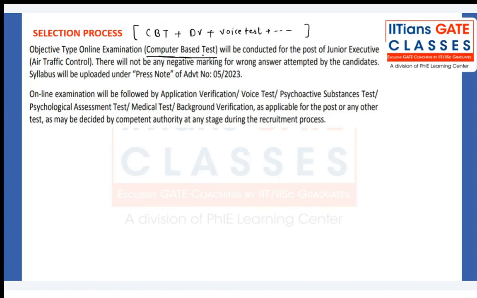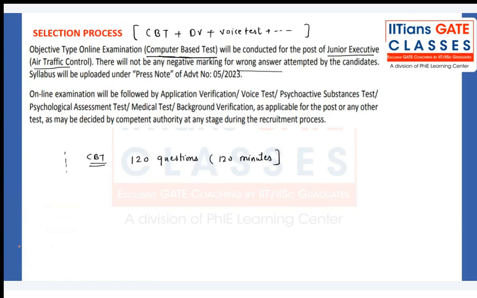It will be conducted for the post of Junior Executive, Air Traffic Control, and there will not be any negative marking for wrong answers. What was the previous pattern, guys, for CBT for the same post? 120 questions, 120 minutes. Understand my point? That was the pattern till last year.